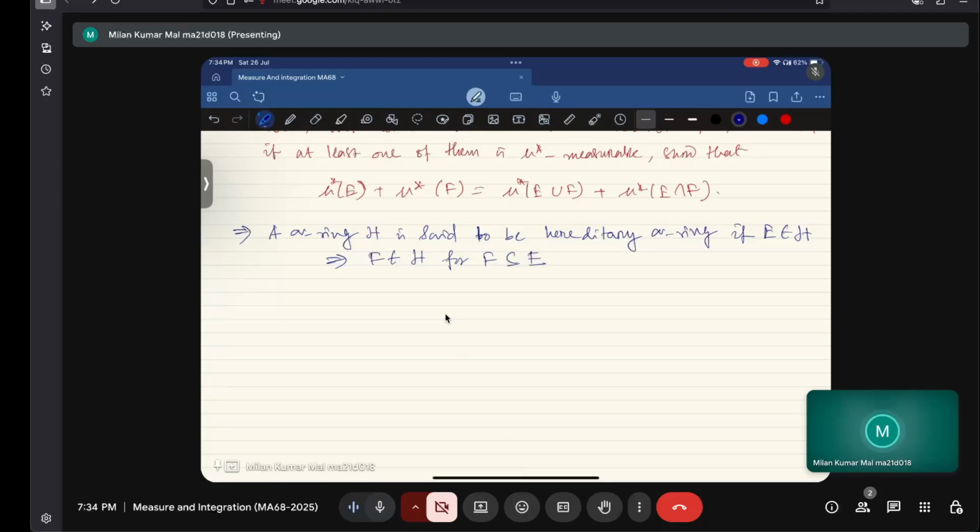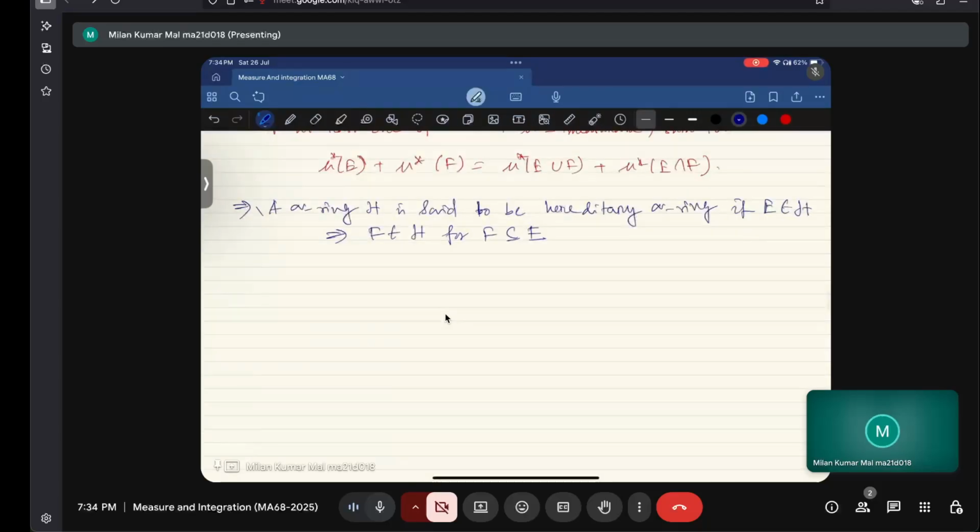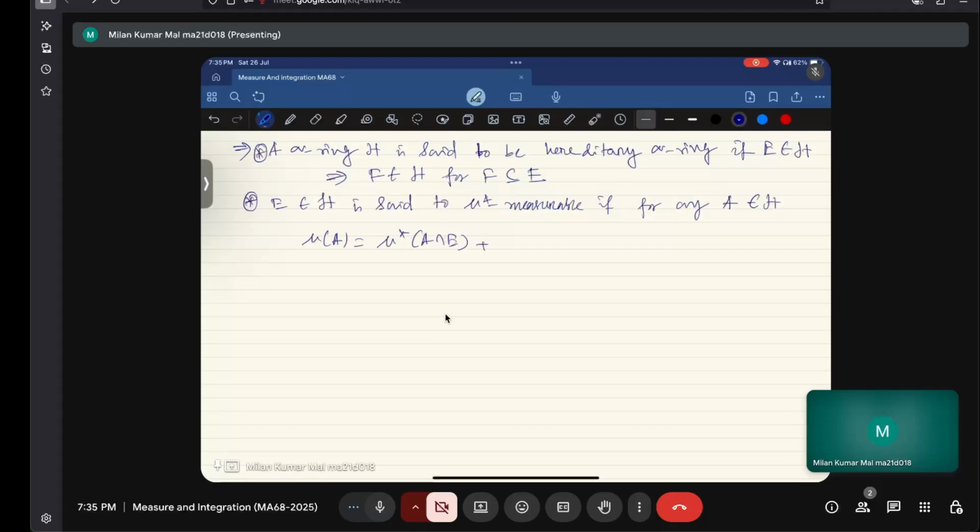And what is called mu measurable, this is the first fact. Second fact is that a set E in the hereditary H is said to be mu star measurable if for any element A in H, mu star of A is equal to mu star of A intersection E plus mu star of A intersection E complementary.